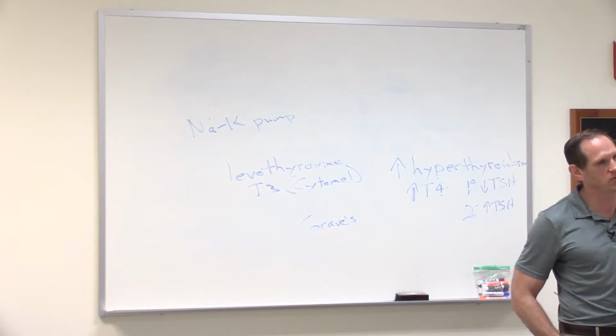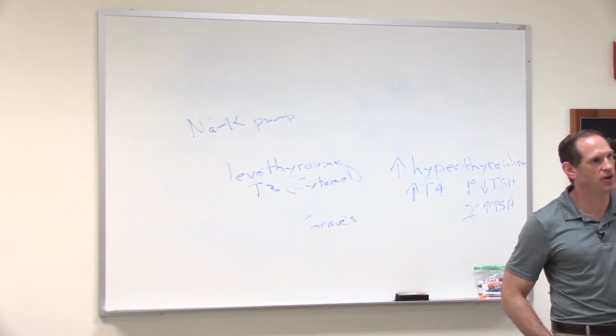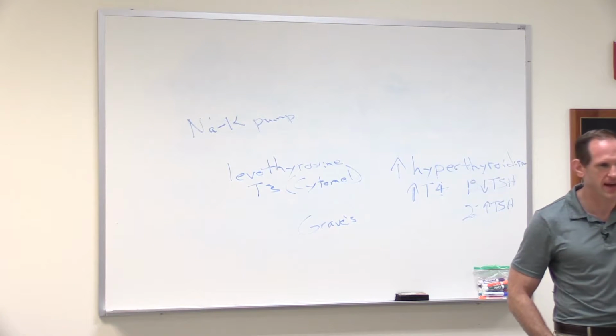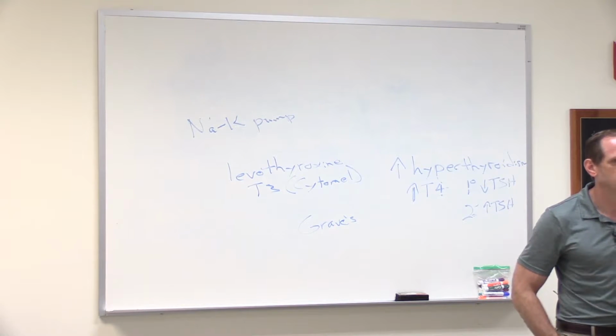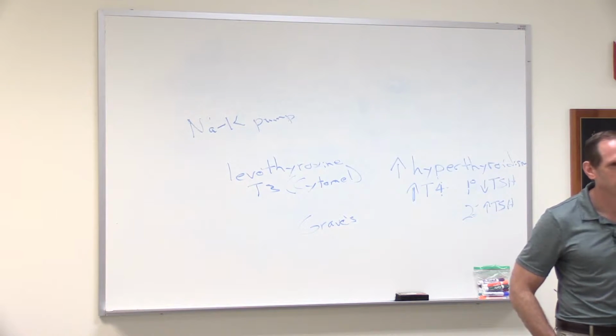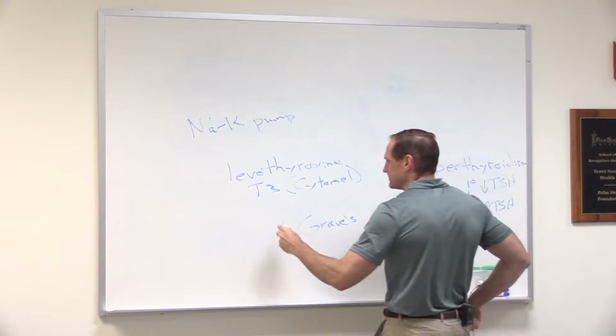But your patient will also typically experience what's called exophthalmos. How do you spell that? Exophthalmic, with an X at the front. Don't ask me how to spell ophthalmic, I always spell it wrong.